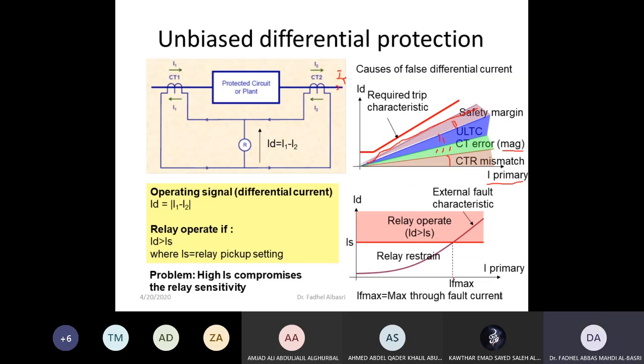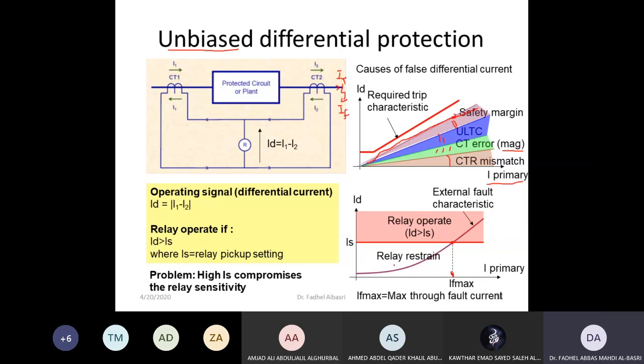Now suppose at maximum external fault, this is I fault external, and this is the maximum error somewhere here. So for unbiased, I have to choose a setting for the relay higher than this error. If the differential current exceeds this setting, the relay operates. When ID is greater than I setting, the relay operates.